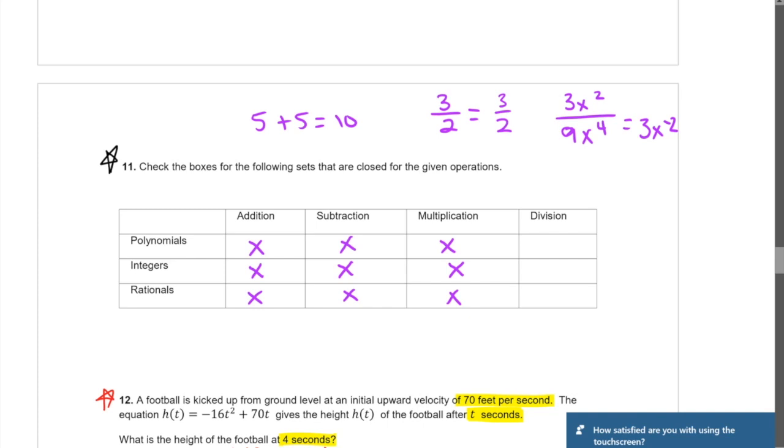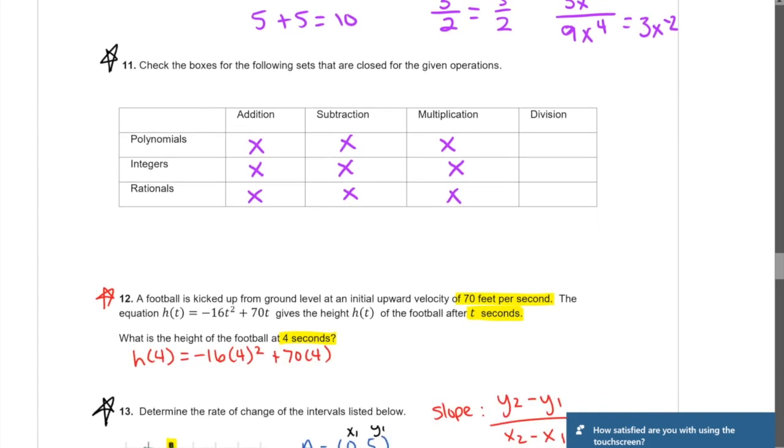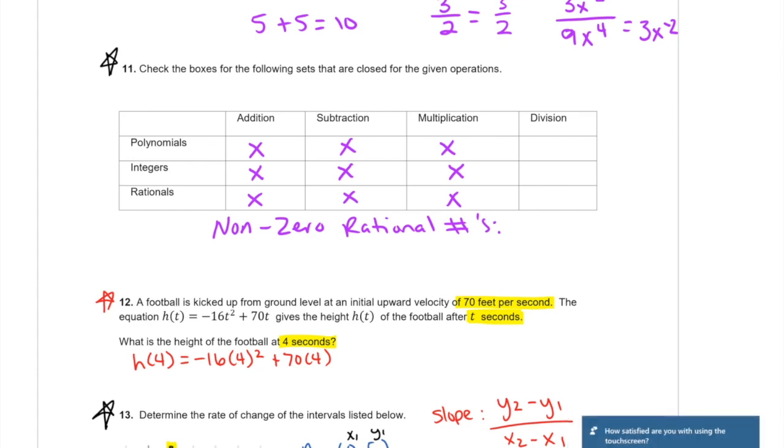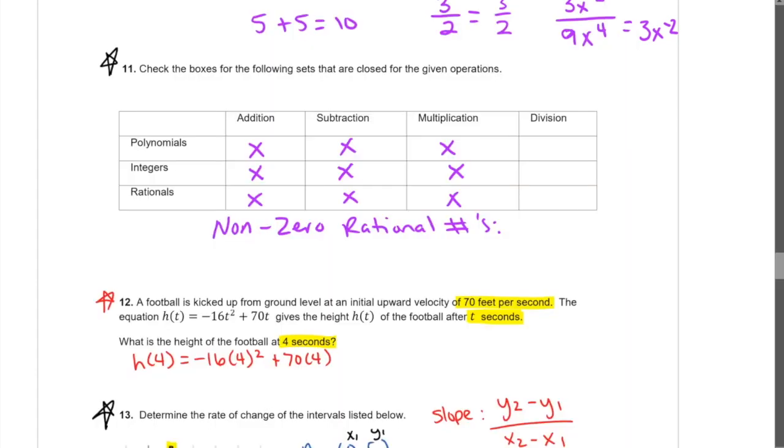You guys are going to get a little hint for your test. On your test, it's going to say non-zero rational numbers. Now, if it says non-zero rational numbers, it is closed.